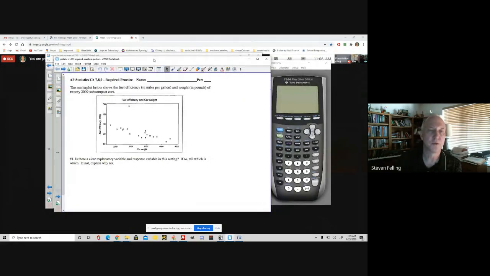The first problem says the scatter plot shows the fuel efficiency in miles per gallon and the weight in pounds of 20 subcompact cars. Is there a clear explanatory variable and response variable in this setting? If so, tell which. If not, explain why not. Okay, so now they chose car weight as the explanatory variable and fuel efficiency as the response variable. And actually, that does make sense, right?